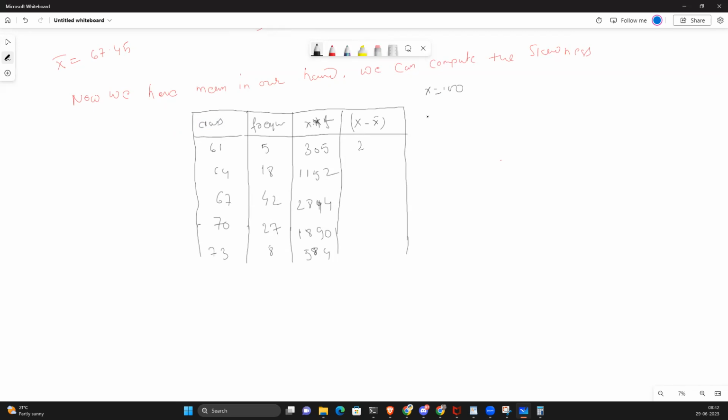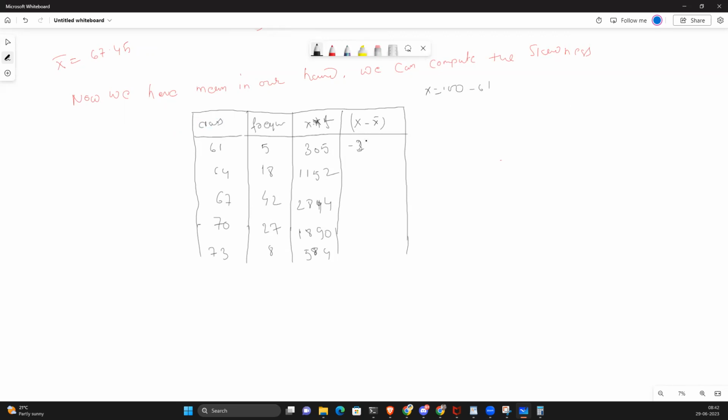X is what in our case? X is 61 and x bar is 100. So can anyone calculate 61 minus 100? How much? Minus 39. Very good.